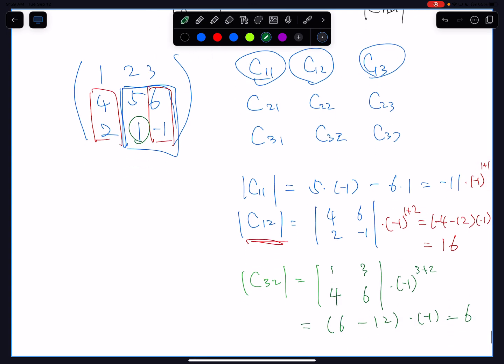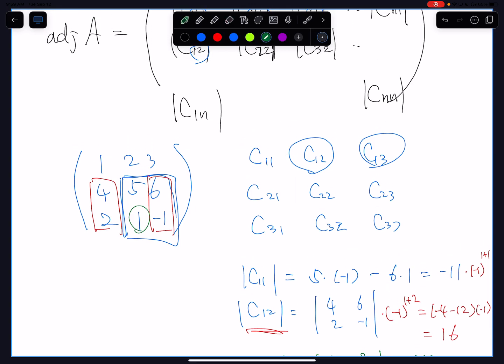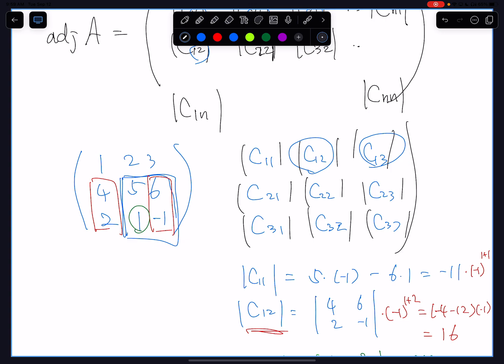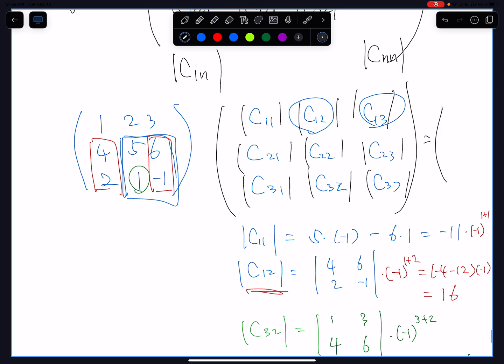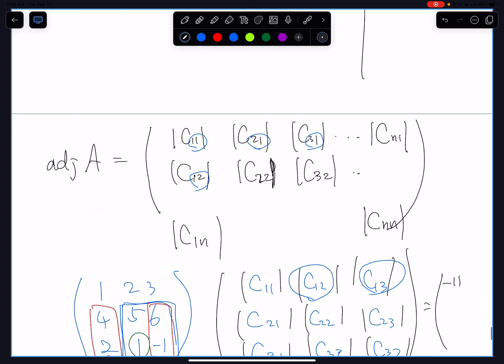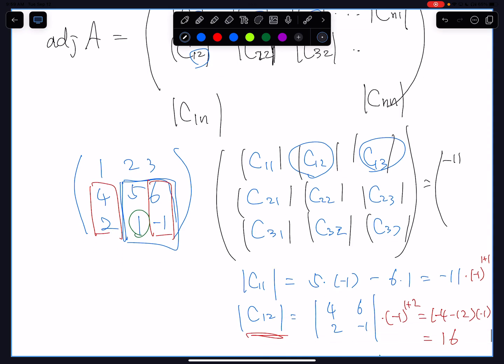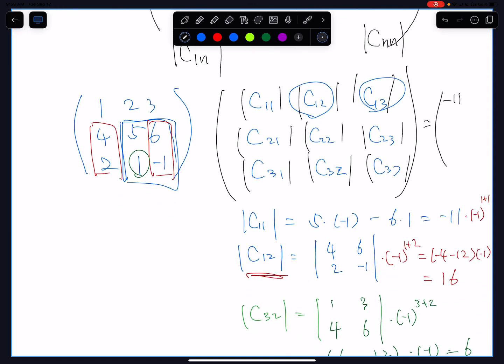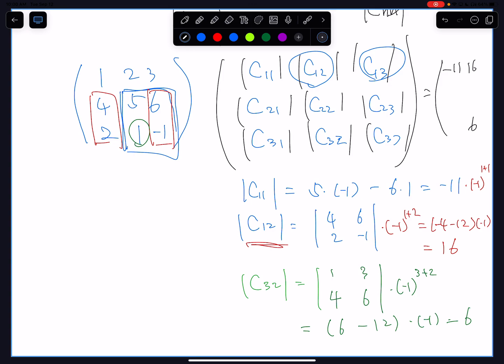Putting them in this way, if I plug in all the numbers, what I get is minus 11, and C12 is 16, and C32 was 6, and C13 is 4 minus 10, so that's going to be minus 6.